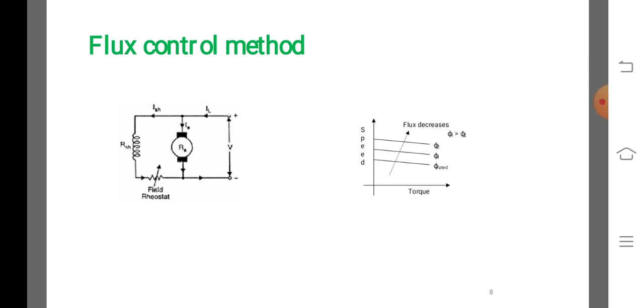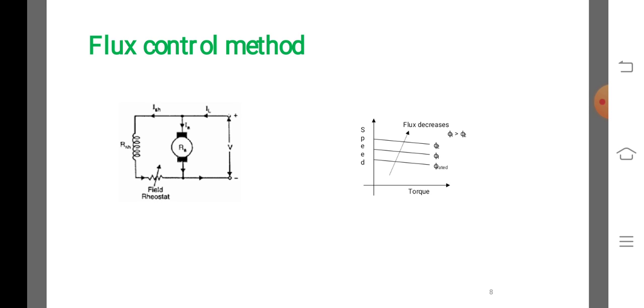In this method, a variable resistance is connected in parallel with a series field winding. Its effect is to shunt some portion of the line current from the series field winding, thus weakening the field and increasing the speed, that means N is proportional to 1/Φ.